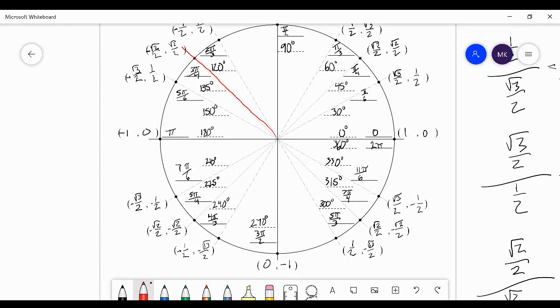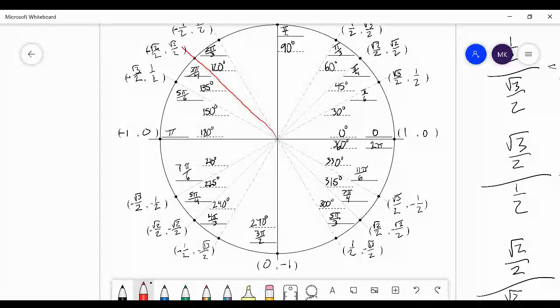So that's this one here. How do we deal with that? 11 pi over 6 was easy because that was exactly the same as negative pi over 6. So what we have to do here is figure out what angle has the same sine value as this angle, but is between negative pi over 2 and pi over 2.